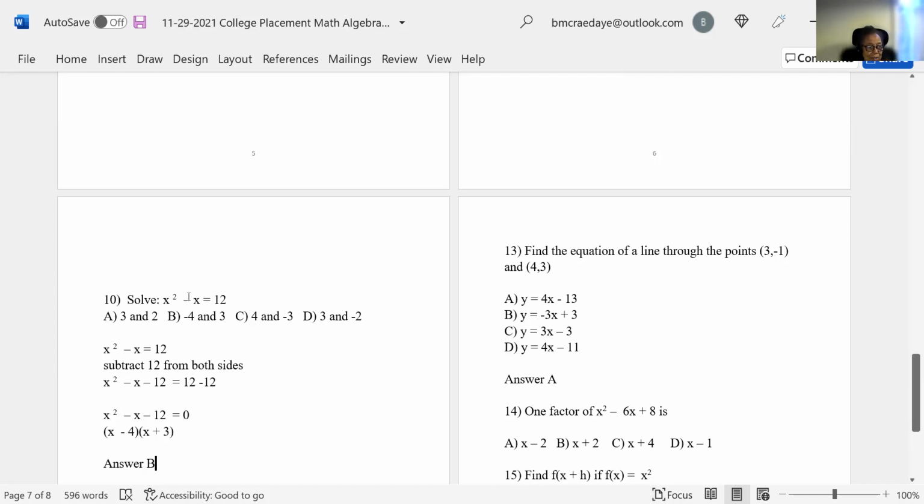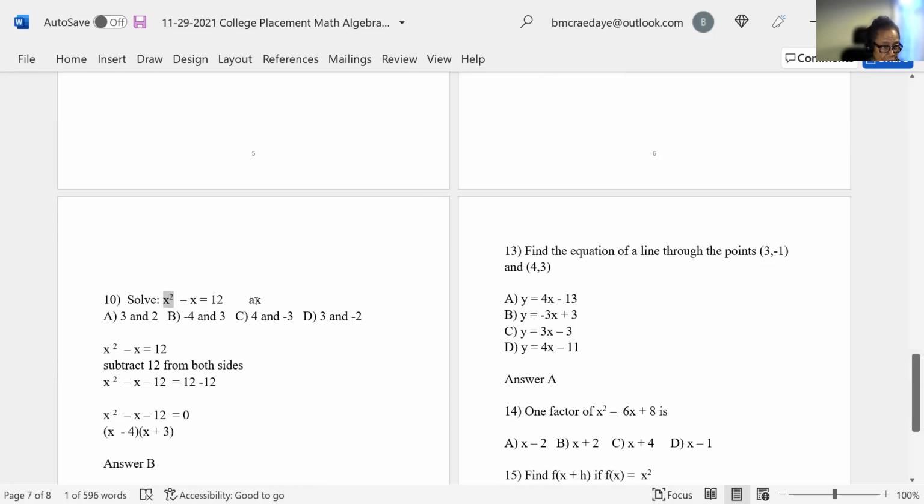Quadratic. But now notice they gave you x squared minus x equal 12. But you can get this in the format, because remember the quadratic formula is ax squared.